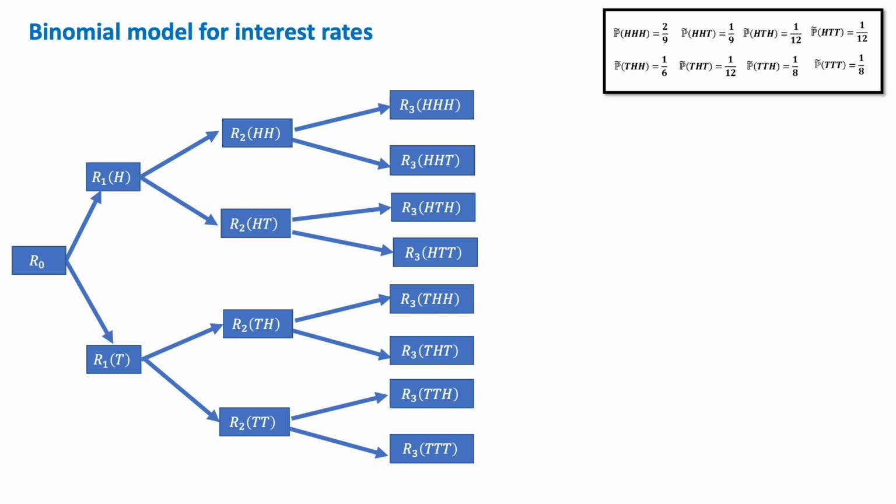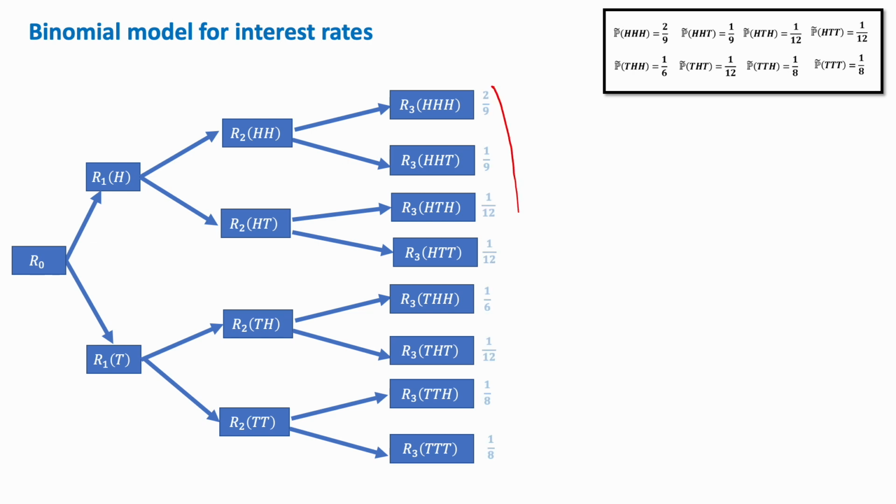So this is what we had from our previous videos, right? We introduced this binomial tree. We showed how it was dependent on coin tosses, and finally we also had these terminal probabilities.